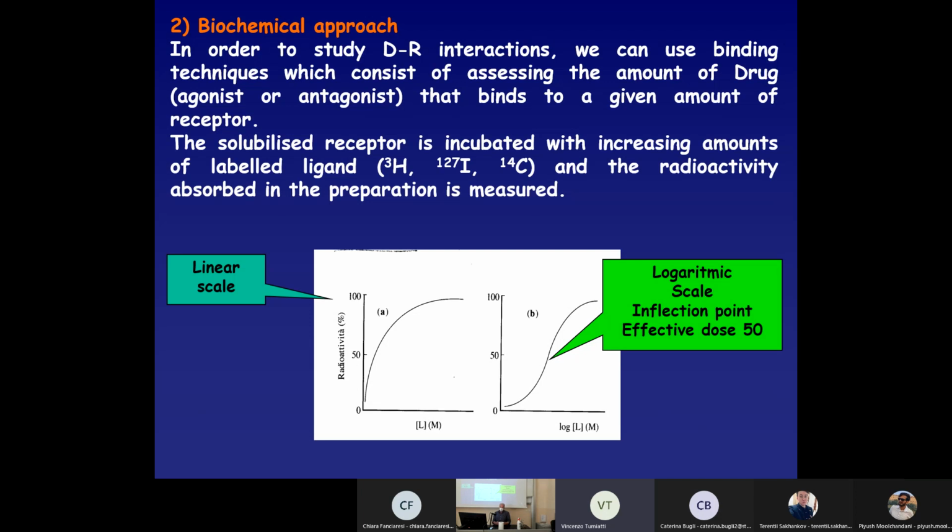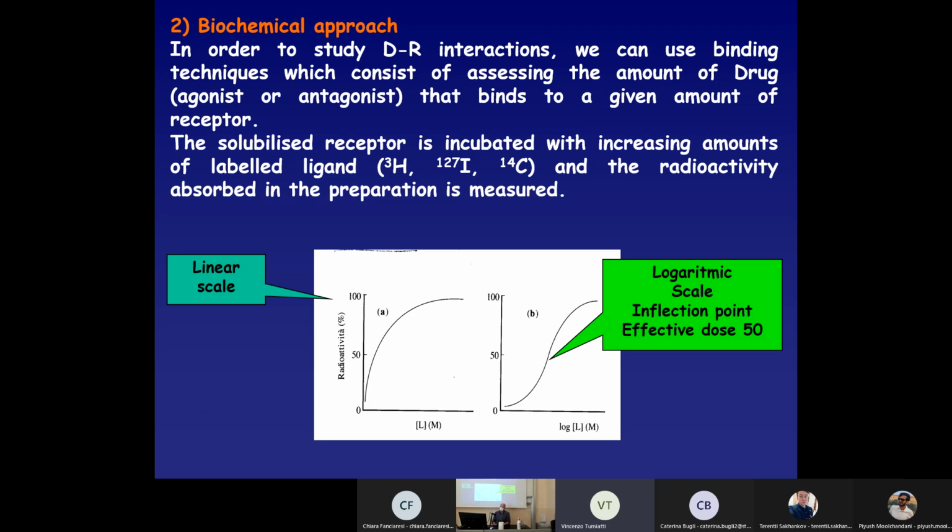There is another approach. We can use a radioactive ligand, an agonist that we know, for example, radioactive acetylcholine. We incubate radioactive acetylcholine with our system, receptor on the matrix.